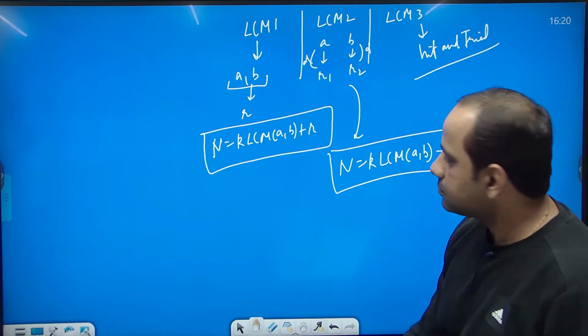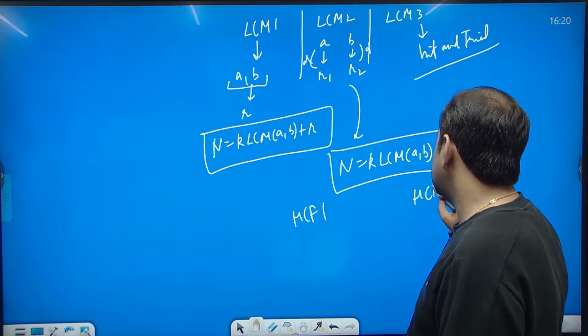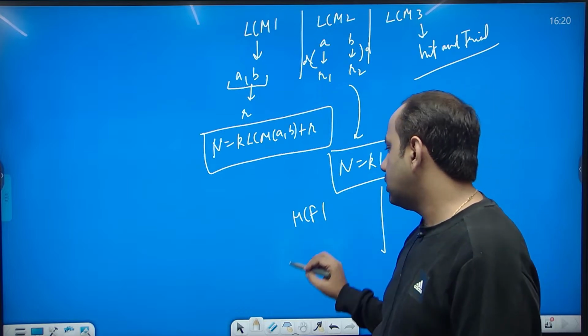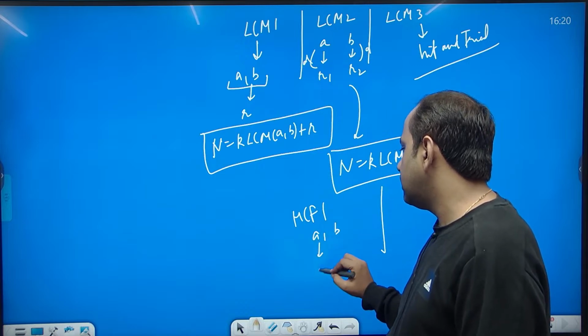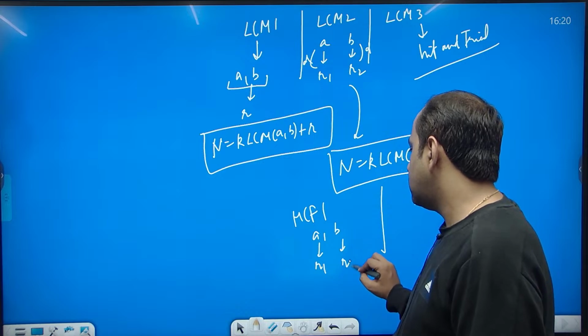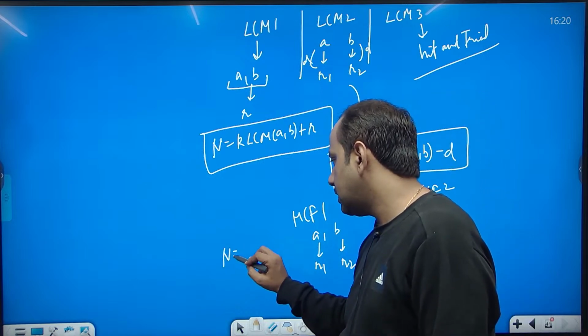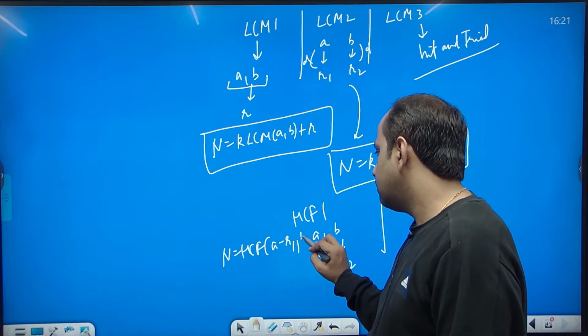Okay, in HCF model we have two models, HCF1 and HCF2. In HCF1 model, the largest number which divides A and B to give remainder R1 and R2, so number will be HCF of A minus R1, B minus R2.